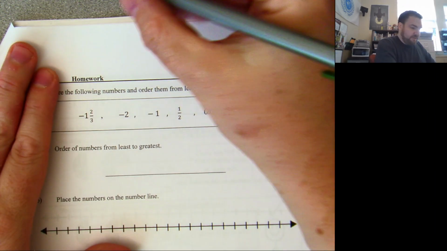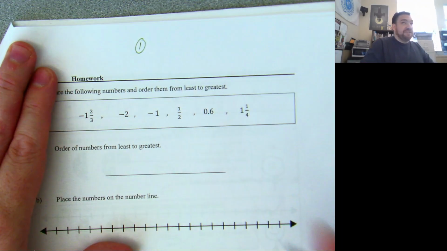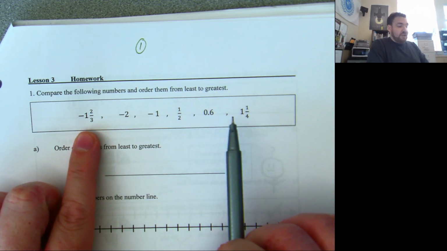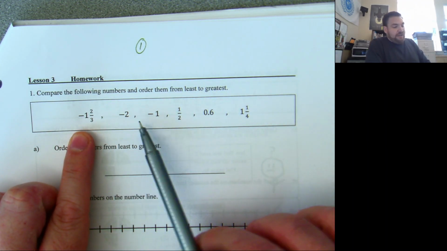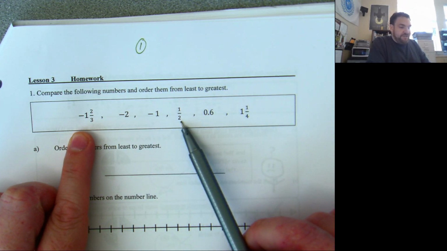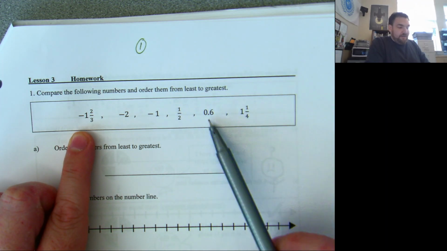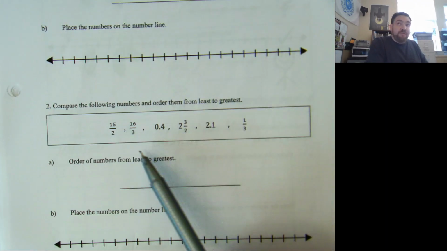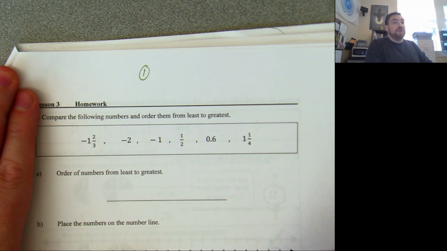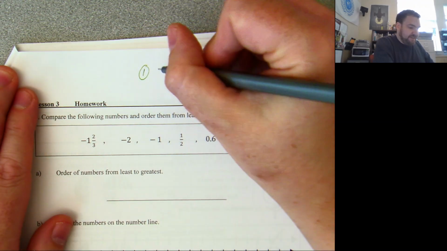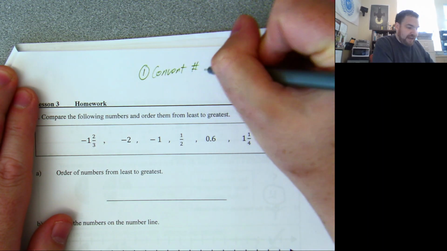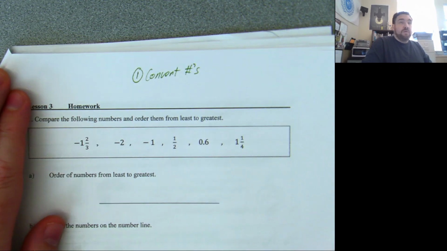Remember, you have some options here when you have different kinds of numbers. I've got mixed numbers, I've got integers, I've got regular proper fractions, and some of these will have improper fractions. The first thing you're going to want to do when you're comparing all of these things is convert your hashtags, or numbers.